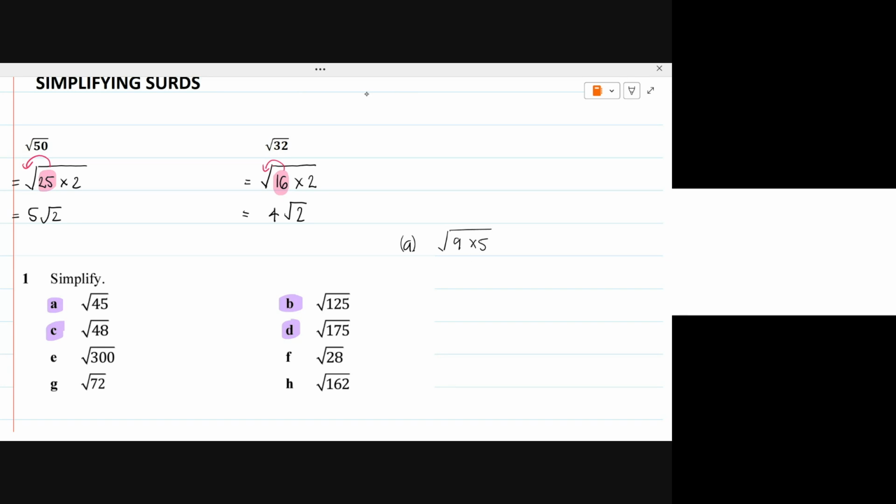Because I know that 9 is a perfect square, but 5 is not. 5 is a third. So I'm going to take out the square root of 9 and put it outside, and that's going to give me 3. So this is equal to 3, and what's left underneath the square root? Our third. The square root of 5 is what's left. Remember, the number that we get left inside just needs to be a third number.